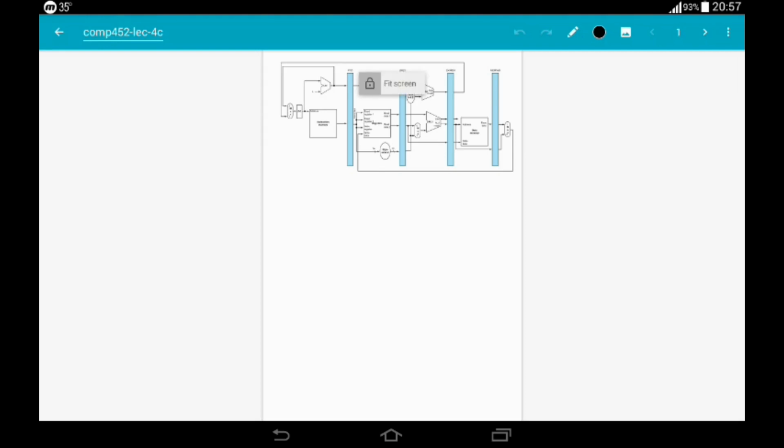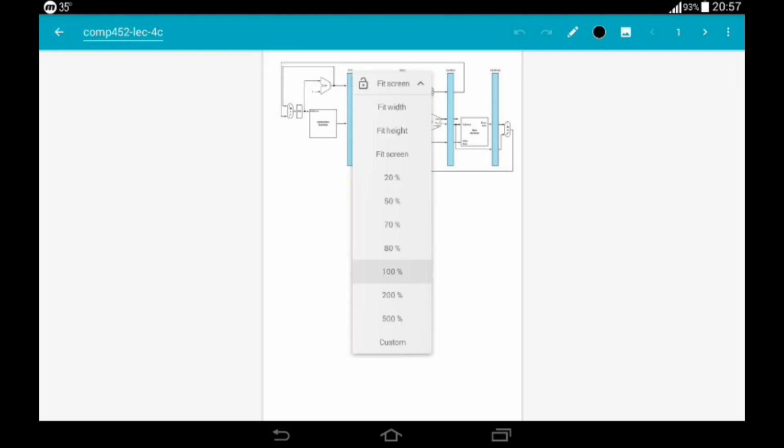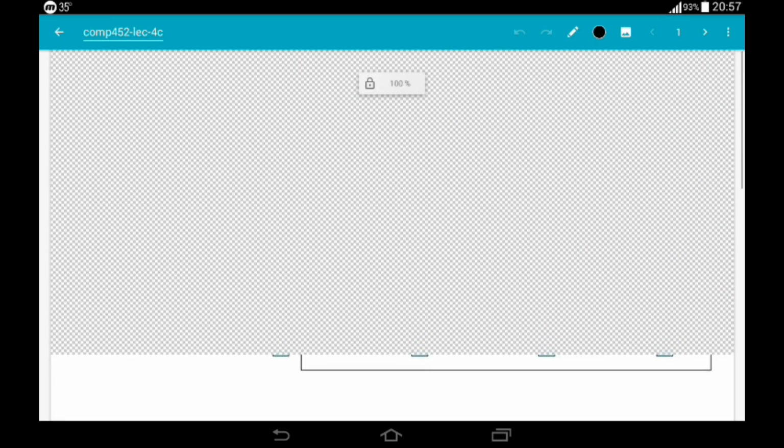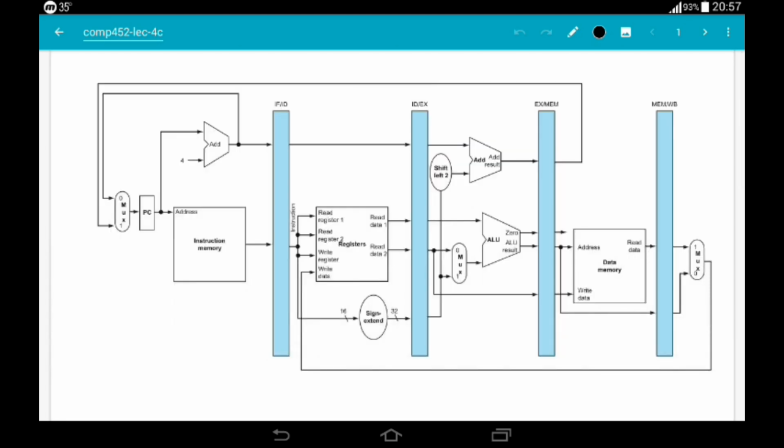So this is our pipeline data path, and in this data path this is pipeline register IFID, this is pipeline register IDEX, this is EXMEM, and this is MEMWB.